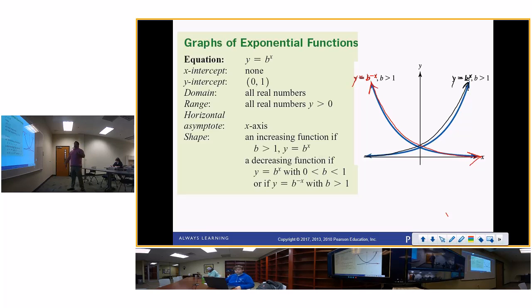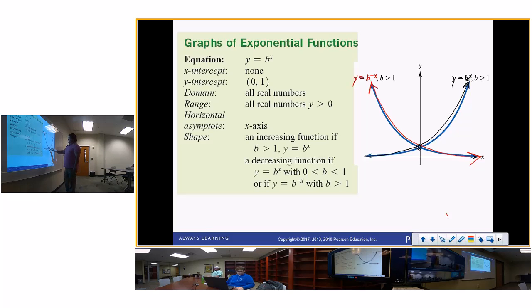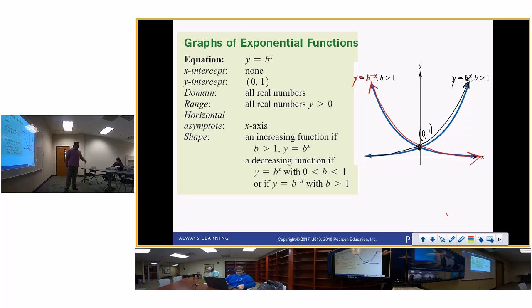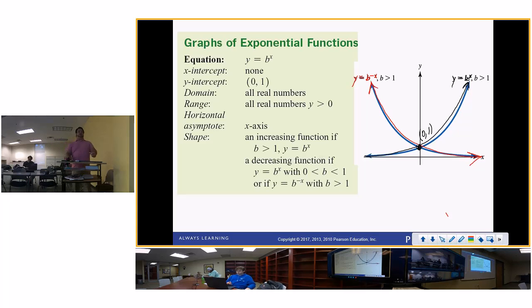You need to know how they look, and they all cross at 1. This right here is 0, 1. Because when you plug in 0 for x, you get something to the 0 power, and what is anything raised to the 0 power? 1. Anything raised to the 0 power is 1.